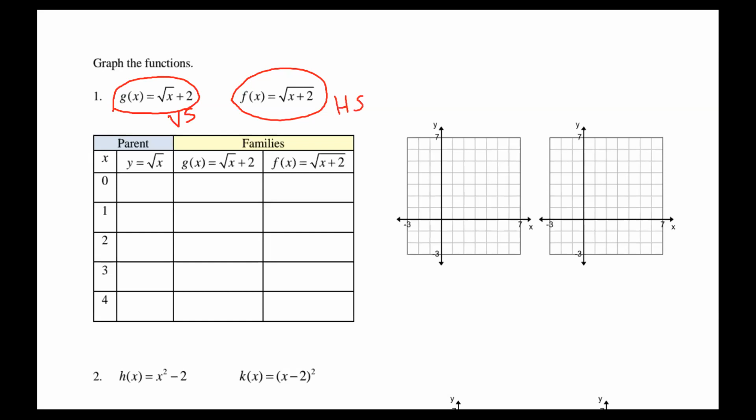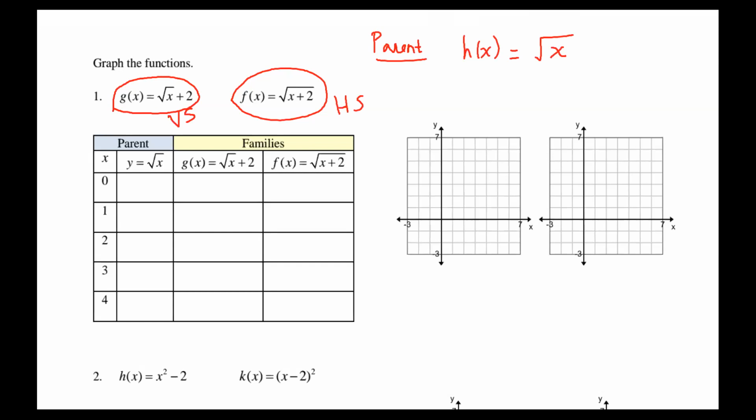However, what is the parent function, or the basic function, here? Because it's a square root, the parent function is square root of x. Square root of x is the basic function. We learned the square root of x is going to be like this.